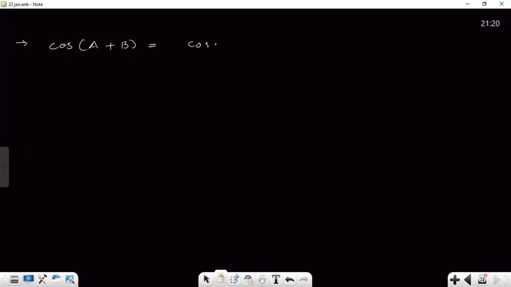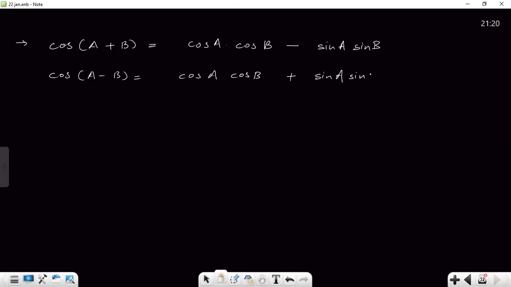So minus this time. And when we talk about cosine of A minus B, this will be having a positive sign. So that's the pattern breaker, C.